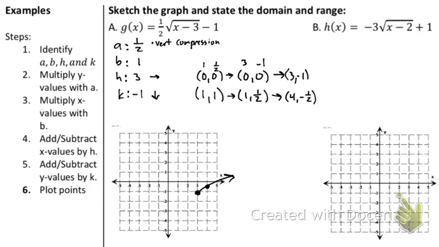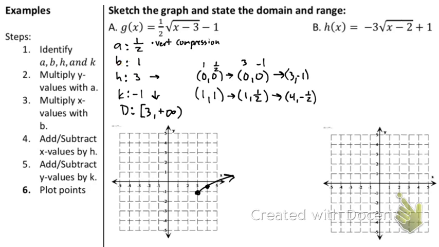And now we can state our domain and range. Remember, we can use the rule that we talked about in the previous slide, or we could just look at this and do our domain and range, okay? So my domain is going to be 3, positive infinity. Again, our 3 is essentially our h value.